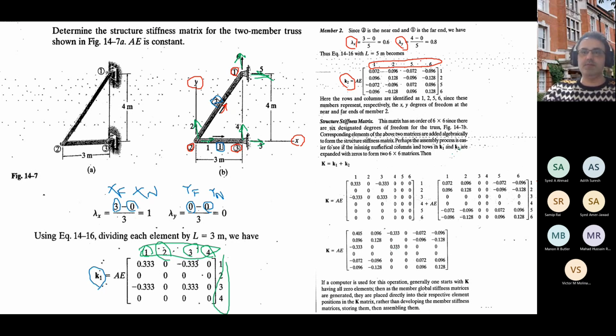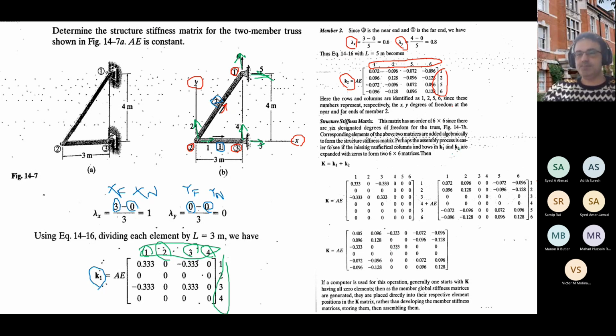And the two remaining stand for the degrees of freedom for the far end, which is node number 1. So it's degrees of freedom 5 and 6, or you can say delta 1x and delta 1y. Again, I have 1, 2, 5, 6. I just copy them here to have the degrees of freedom on my columns and my rows.